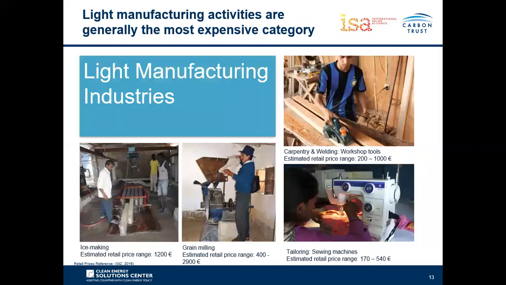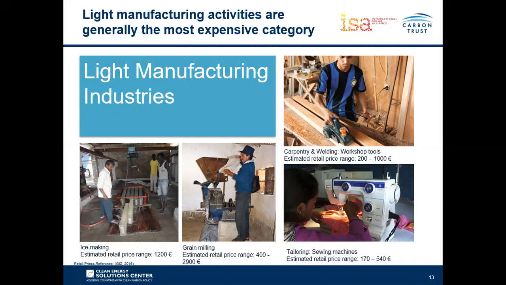These industries therefore feed into light manufacturing industries, and these light manufacturing industries use these inputs to create higher value goods or to process the goods further into usable items. So we can see here grain milling, carpentry and welding, ice making, or tailoring are potential example light manufacturing industries that are commonly found in rural environments and that are classified as productive energy uses.